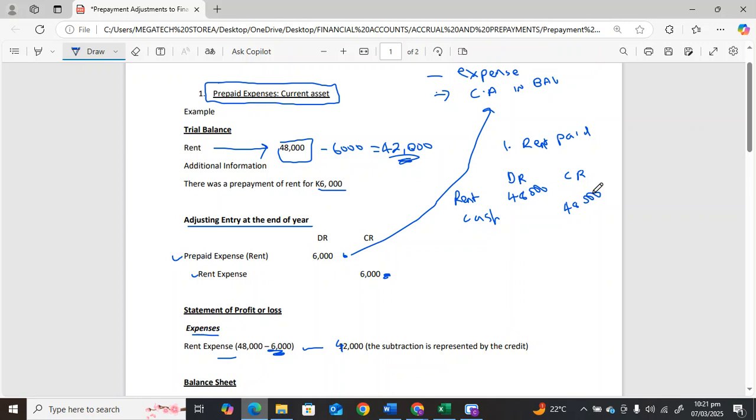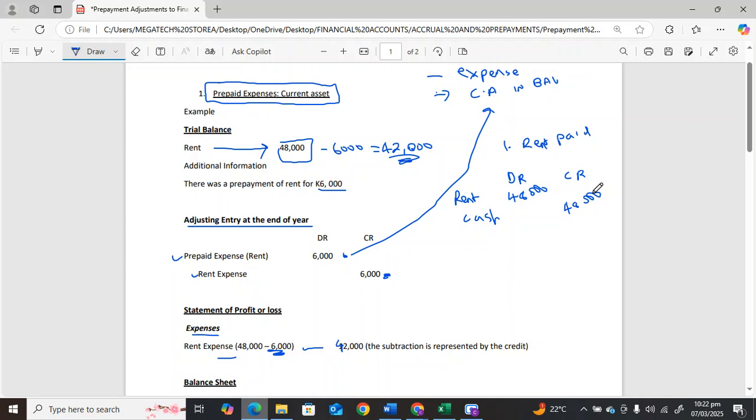Now you figure out that in this 48,000 that we've paid, there's actually a prepayment. The rent for the whole year is 42,000, but you paid 48,000. Once you dig in, you find that the prepayment is 6,000.